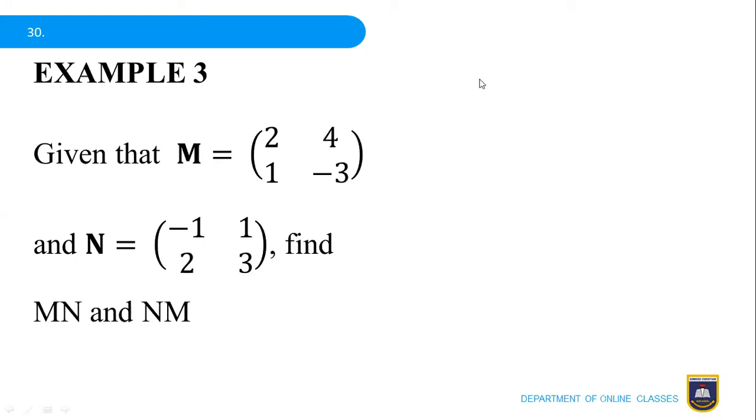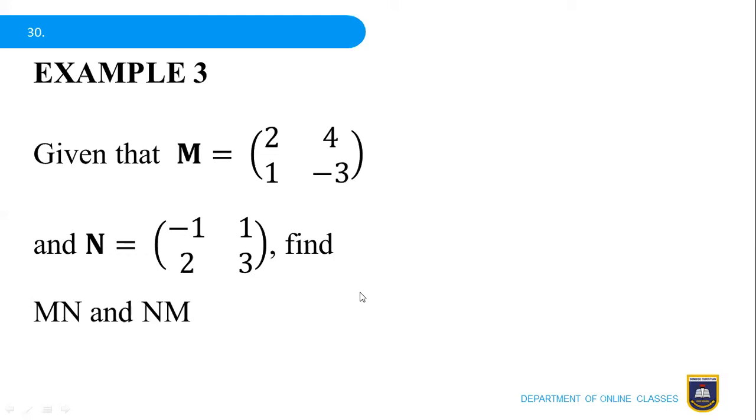Say the question again. Can you see the screen? No, sir. So example number 3, given that M equals [2, 4; 1, -3] and N equals [-1, 1; 2, 3].